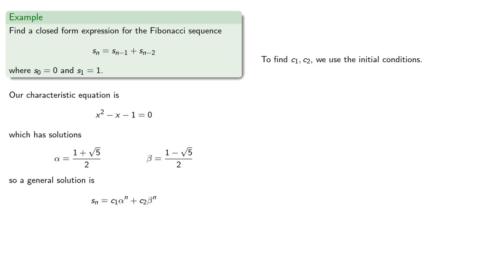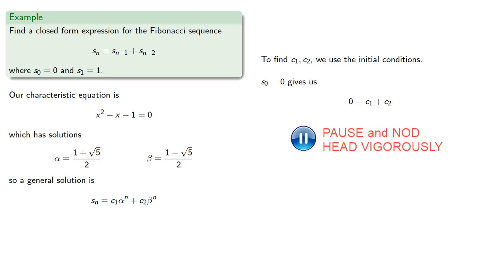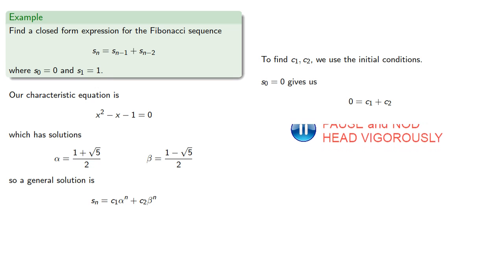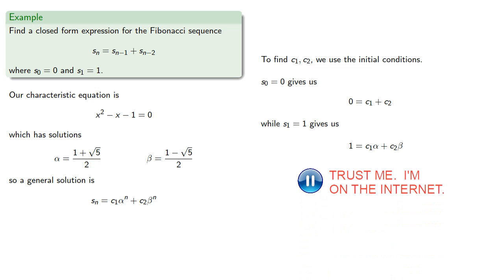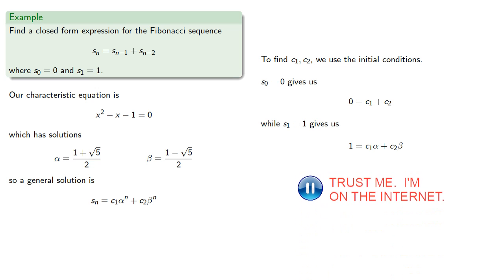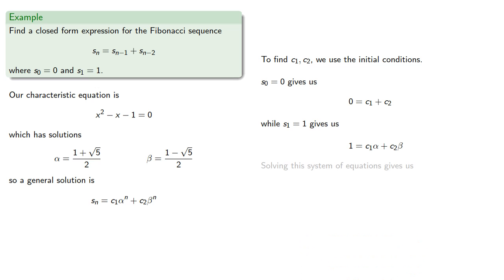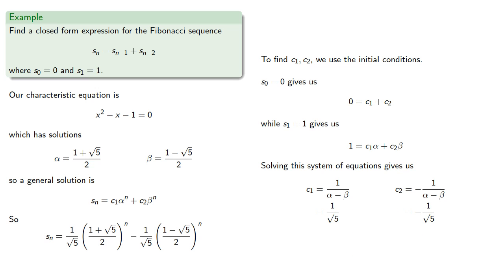To find C_1 and C_2, we use the initial conditions. S_0 equals 0 gives us this, while S_1 equals 1 gives us this, and solving this system of equations gives us these, and so we have those two coefficients, and we can use these to calculate the nth term of the Fibonacci sequence.